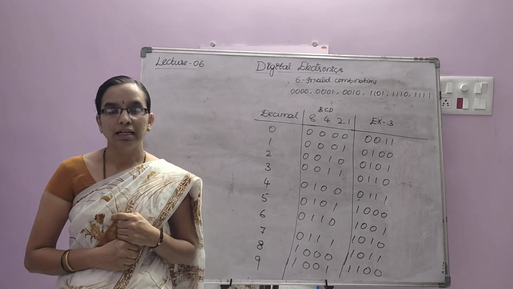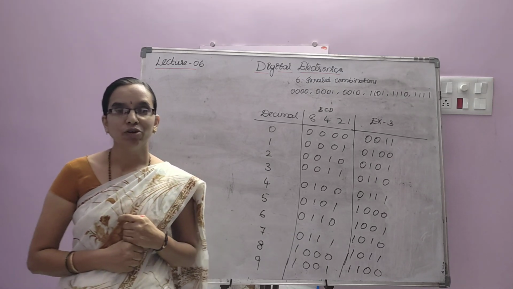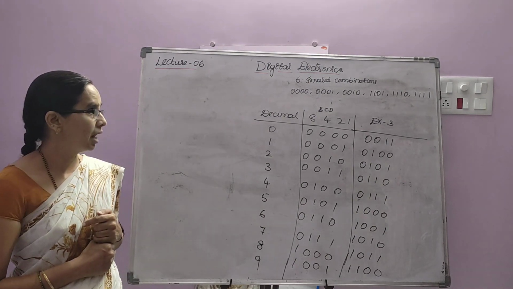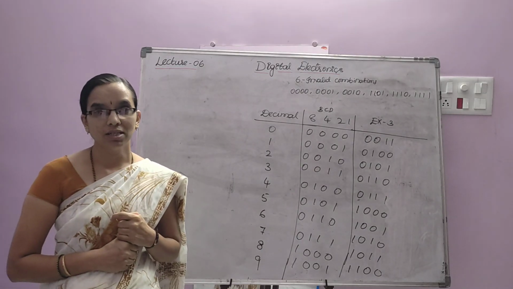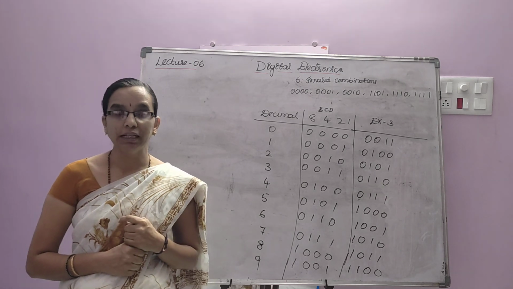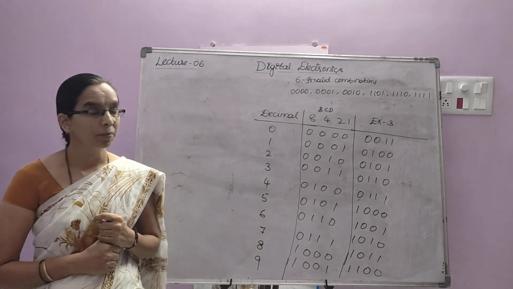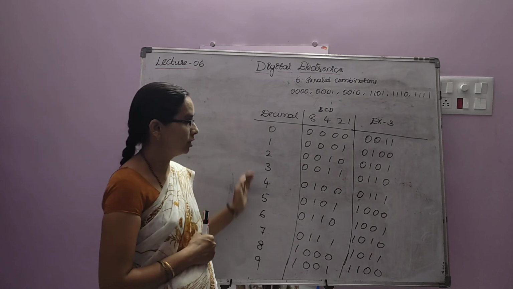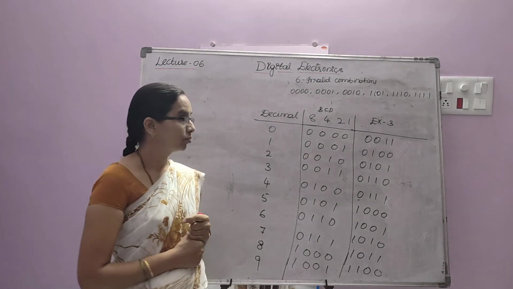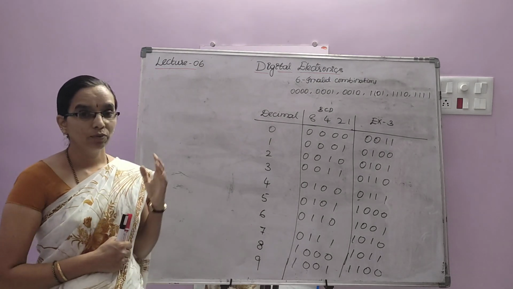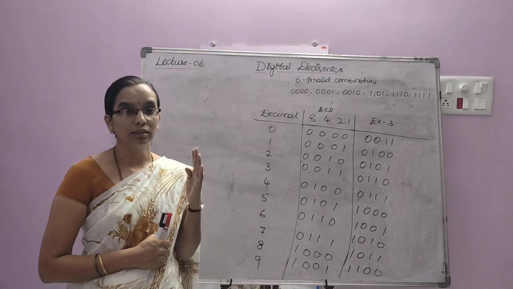Hello students, let us continue with the self-complementing code. In the last session we have studied XS3 code, which is a self-complementing code, but it is a non-weighted code. And also we have seen the code table of the XS3 code. What do you mean by self-complementing code?